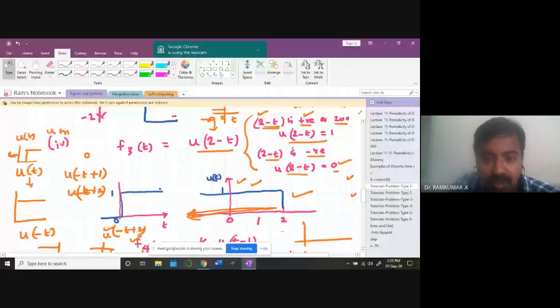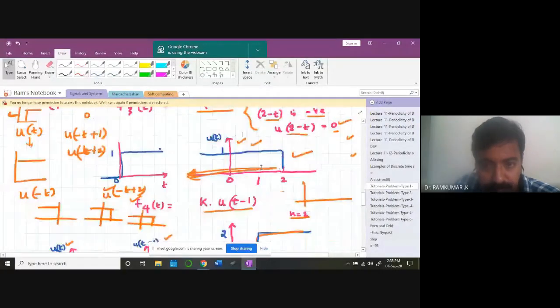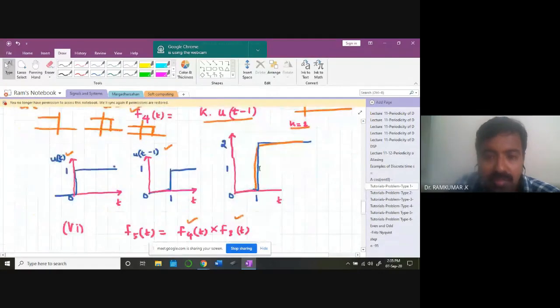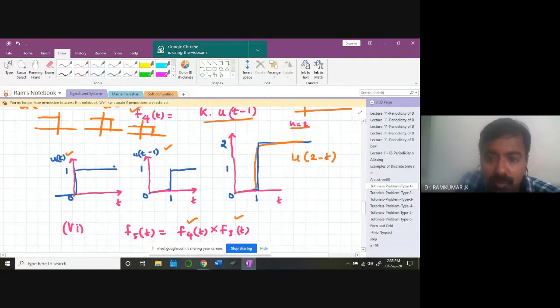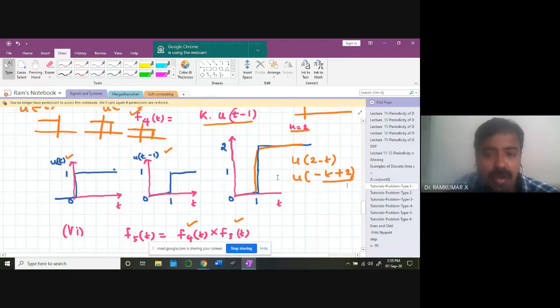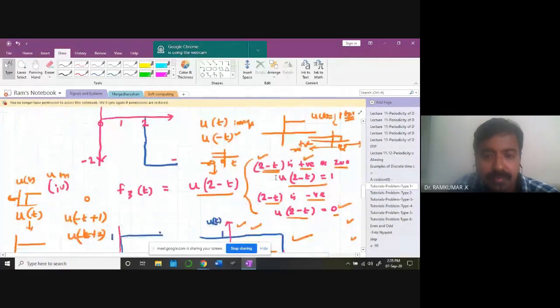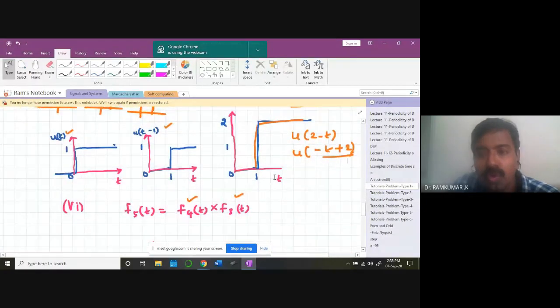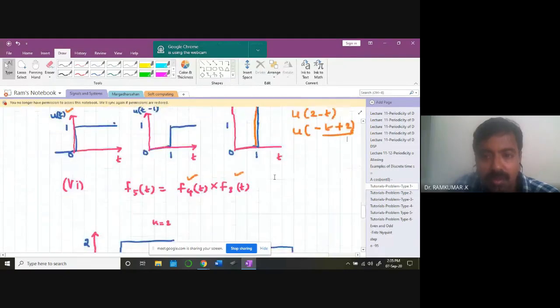In order to fix the range 2 here, I'm doing it like this also. Otherwise, you can do u of 2 minus t. We can take it as minus t plus 2. Like this also you can imagine. u of t plus 2 you can take, then you do a negative shift.